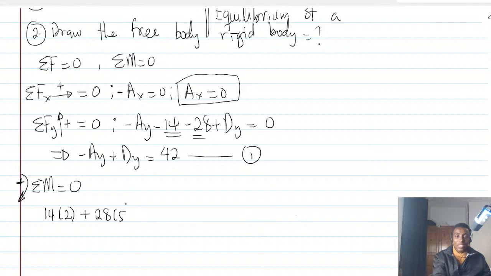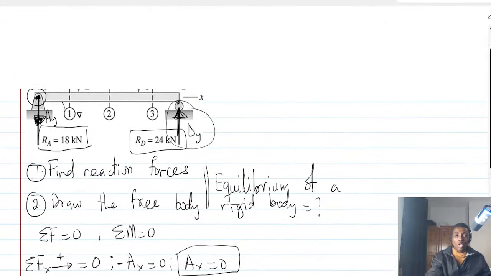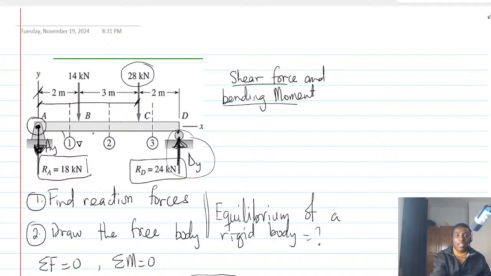That is also clockwise about point A. Because 28 times 5 is clockwise, it was positive.